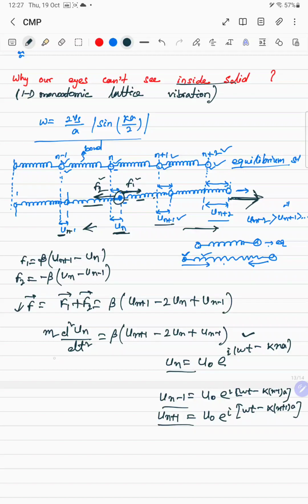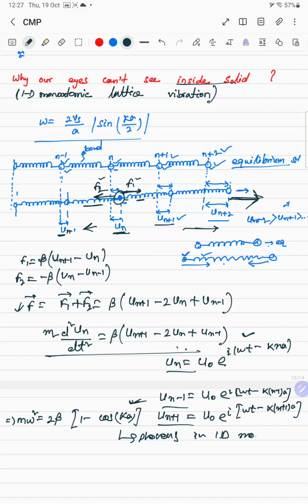Put these three values in this equation and the final result will be m omega squared equals 2 beta into (1 minus cos ka). This is called the dispersion relation for phonons in a 1D monoatomic lattice.